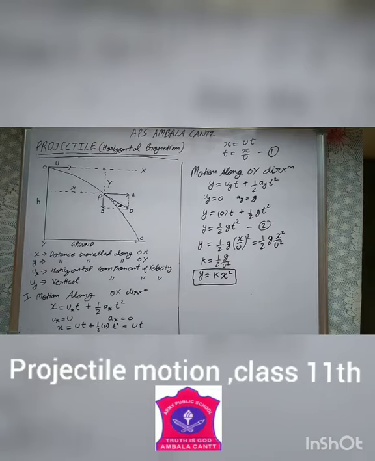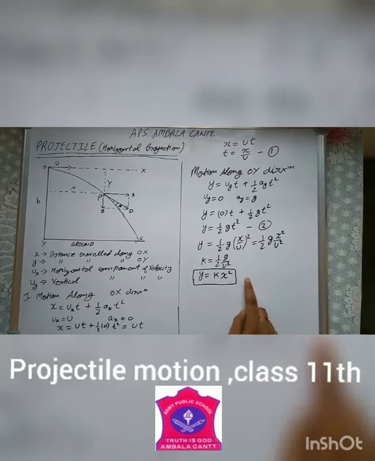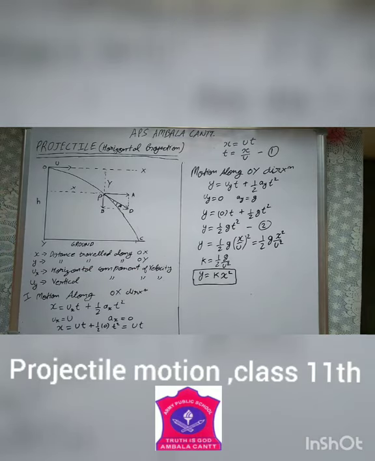So we have divided our problem into two parts, one along the x-axis and another along the y-axis. These are two one-dimensional problems. We have solved these problems and combined their results to get the final result. This is the equation of the path that the projectile will follow if it is given horizontal projection.